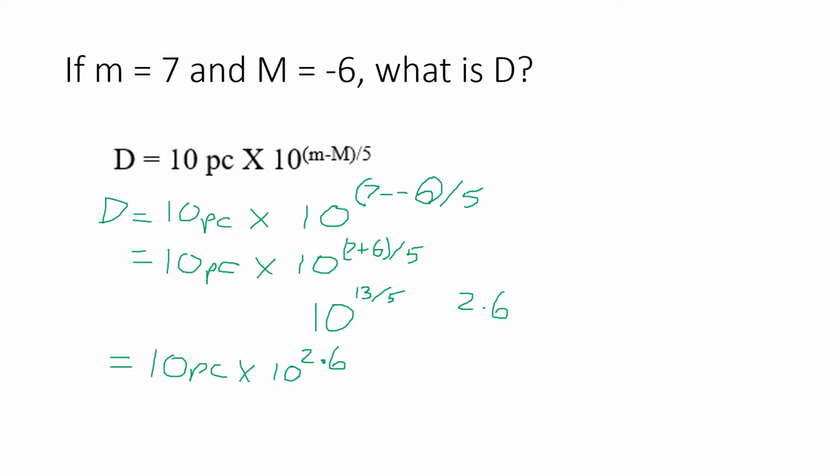If I do 10 to the 2.6 in my calculator, it is 398. So now I have to take 10 parsecs and multiply it by 398. I come out with 3,980 parsecs.